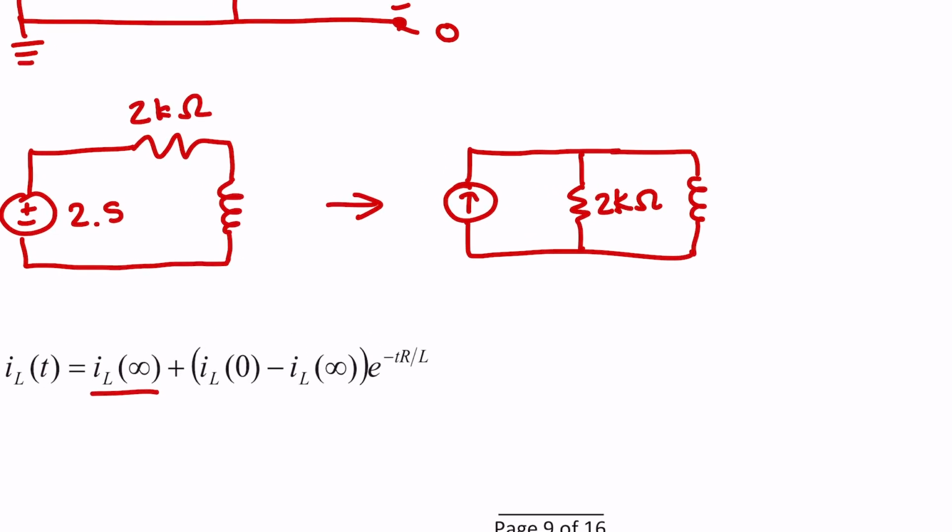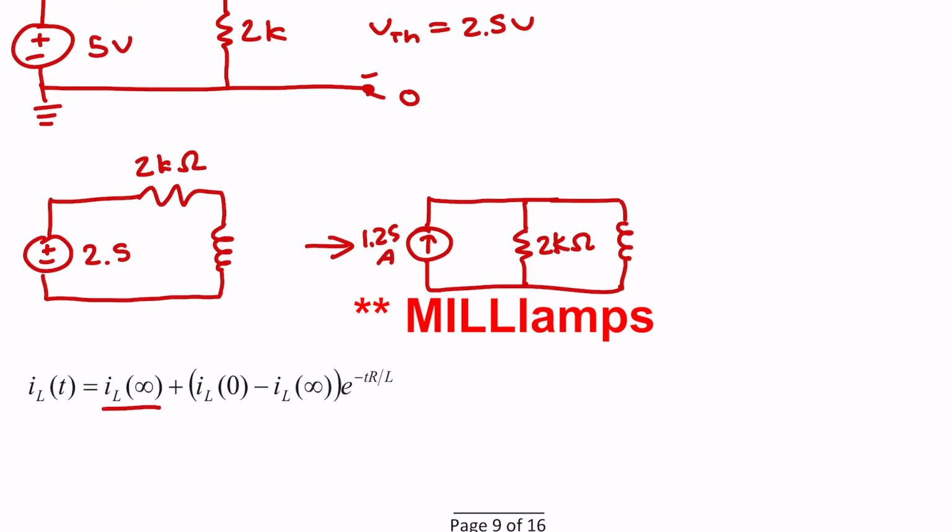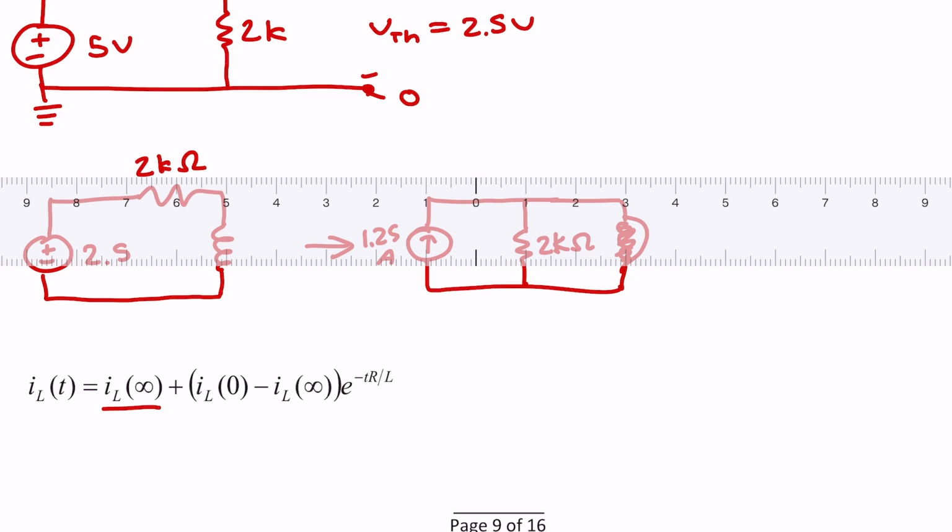And what do we know about this current source? Well, V is equal to I times R, so I is V over R, right? That means this current source is going to be 1.25 amps. So we know there's 1.25 amps going this way. At DC, again, at DC, this thing becomes a short circuit, right? So this literally is going to be a short circuit, so ignore that.